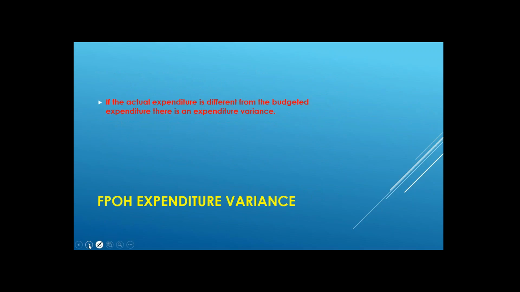So the expenditure variance is very simply where the actual expenditure is different from the budget. The actual expenditure is 110,000, budget is 100,000. So we have overspent 10,000. That is what we call an adverse variance, and that is the expenditure variance. This is the difference between the budgeted fixed overhead and the actual fixed overhead.